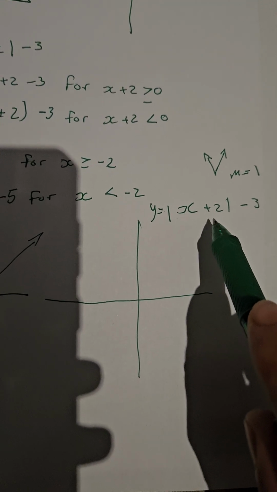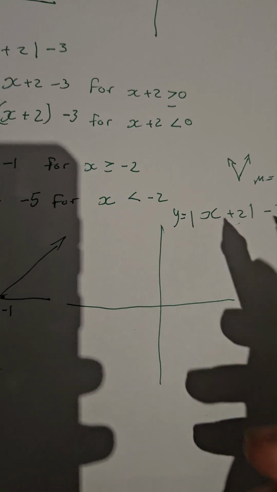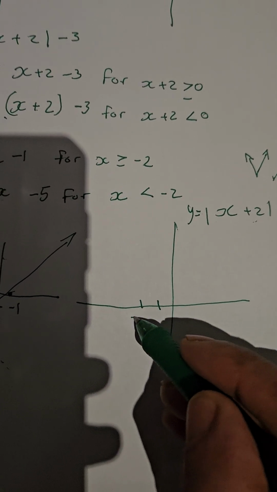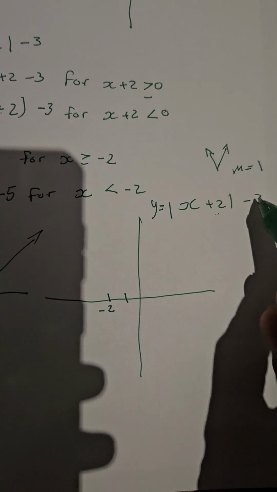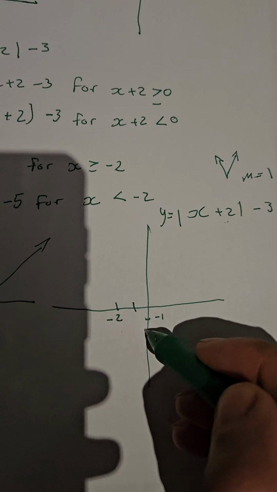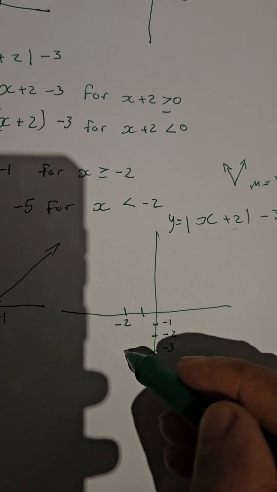Now to determine where it starts. X plus 2 means it moved 2 to the left. So if I go to the left by 2 units from the origin, it's negative 2. It also went 3 down. Minus 1, minus 2, minus 3. 2 to the left, 3 down.